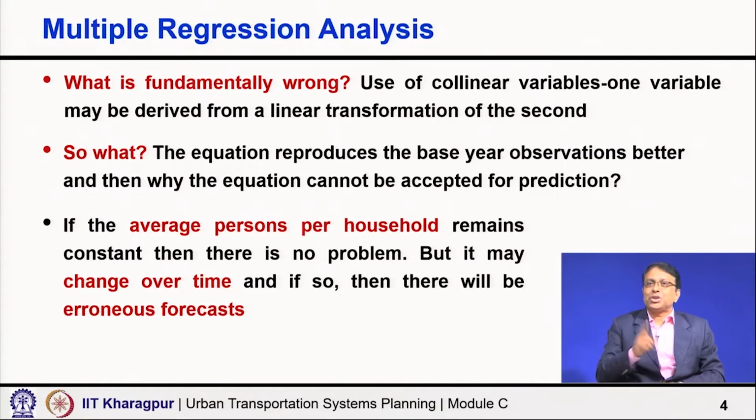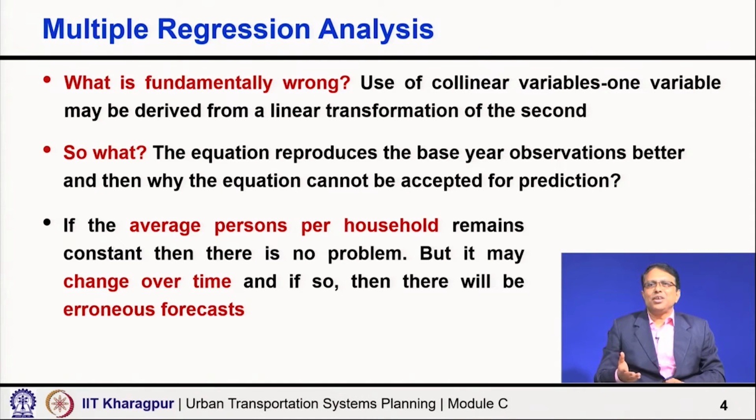Most importantly, why have I taken this example? Just to tell you that in reality, for every variable it will not be so obvious that you will be able to identify the collinearity, and it will not be as simple as the average number of persons per household.